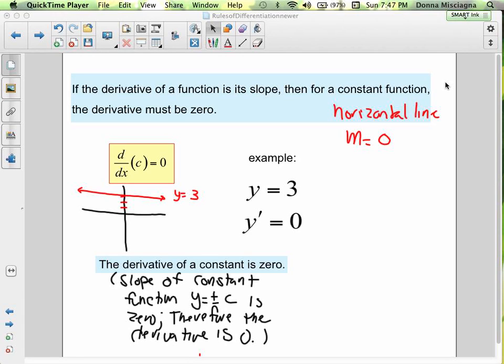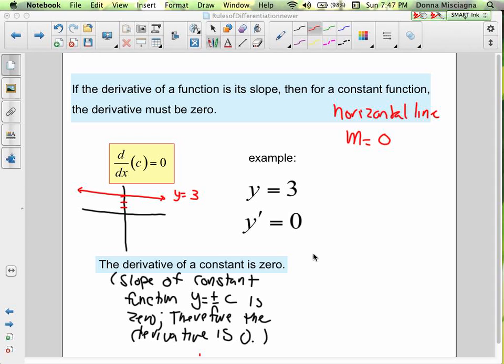The slope of a constant function, y equals plus or negative c, where c is just some number, some constant, is 0. Therefore, the derivative is 0, because remember, the derivative is just the slope.